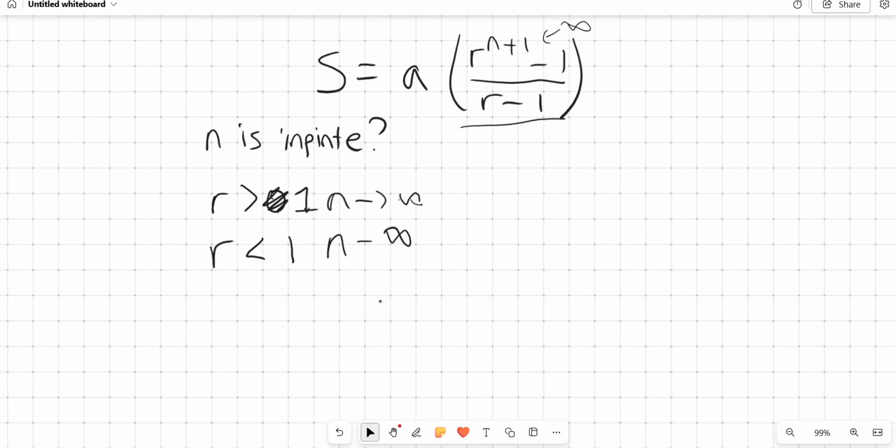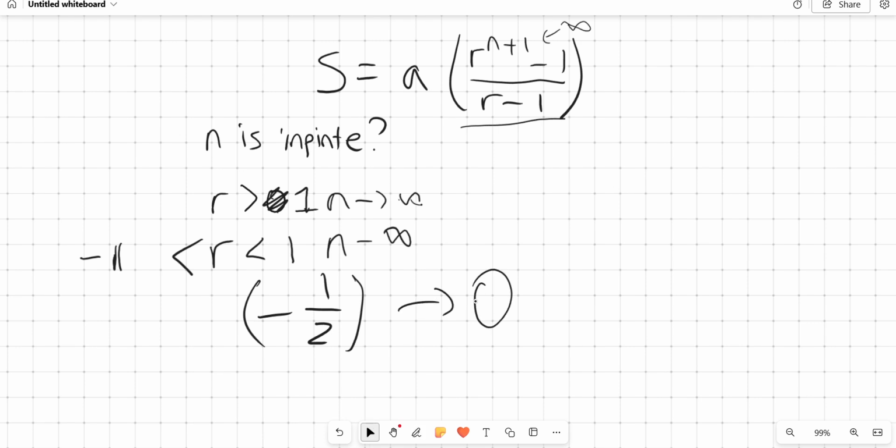Of course, this only works down to -1. I won't be talking about what happens when you take numbers below -1, but you can kind of see what happens, right? I don't think it's very hard. If you take, for example, -1/2 to the bajillionth power, this will just approach 0. It'll fluctuate.